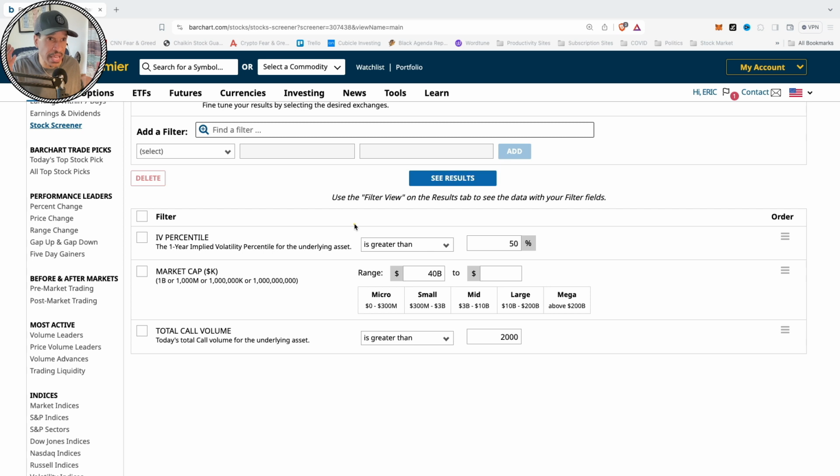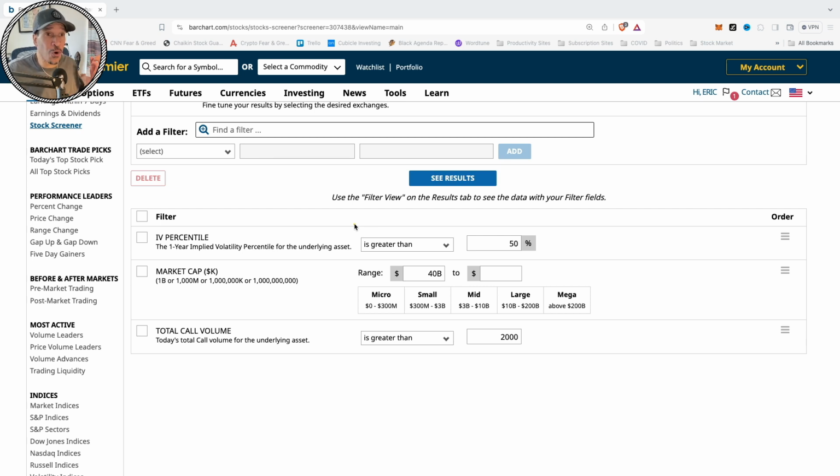So if a stock has an IV percentile of 40%, then the current IV, in comparison to the last 52 weeks, has been lower 40% of the time.